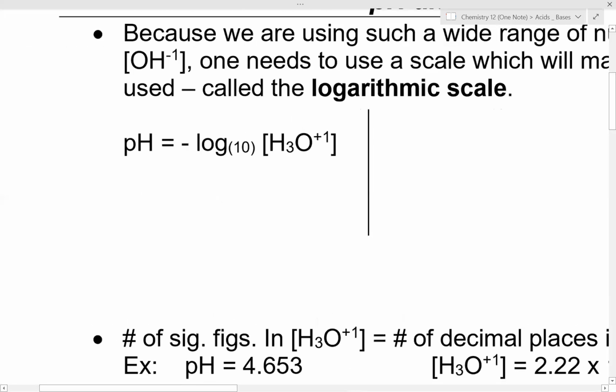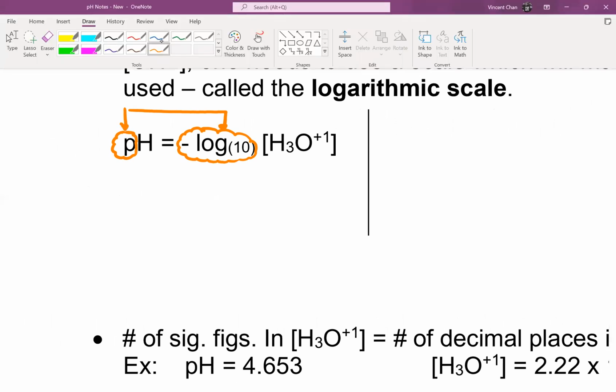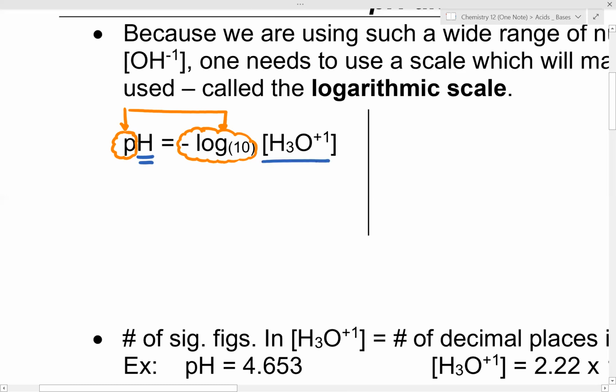Now, when we use the pH scale, the P just represents negative log base 10, and the H represents the H3O plus concentration.